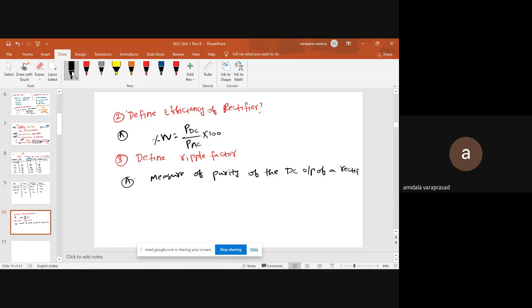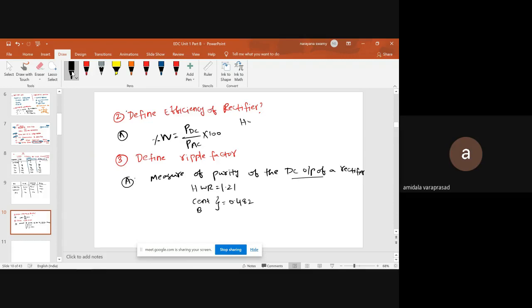That means how much purity will be there in the DC output, and that we call the ripple factor. They may ask the values: for half wave rectifier it is 1.21, and for both center tap and bridge it is 0.48.